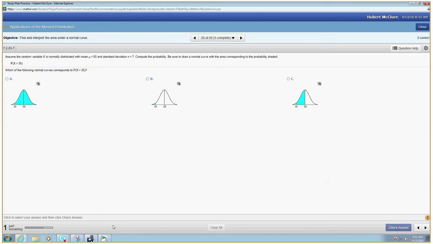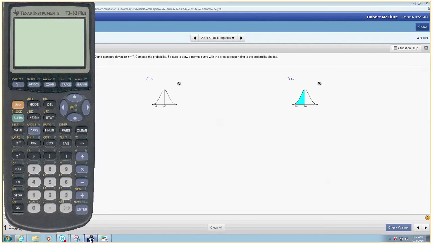Well, let's see what happens when you punch it in the calculator. Second VARS, normal CDF. Negative 1.28, comma, 9999. I don't know why they got a different answer, but that's the answer. We got that, didn't we? Yeah. Okay, they're off. We're not.